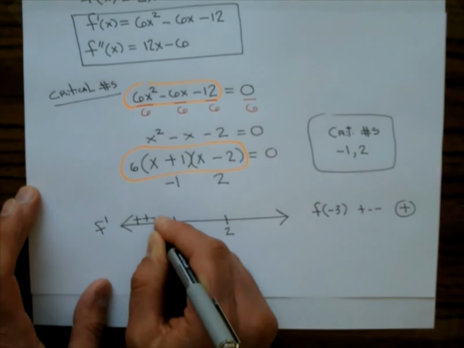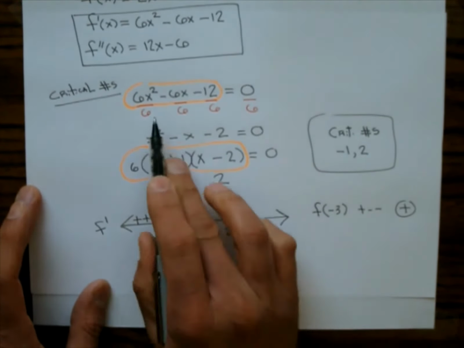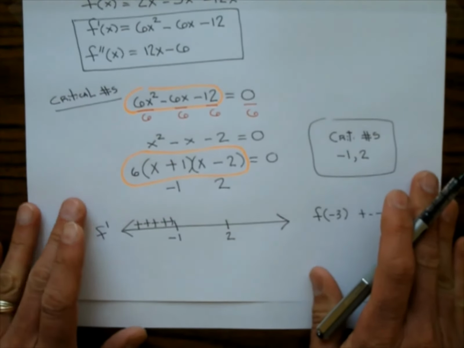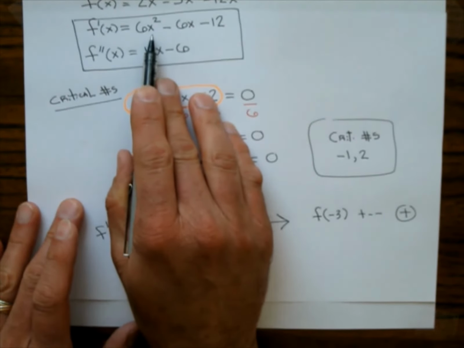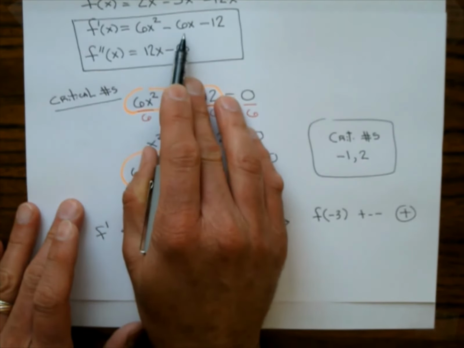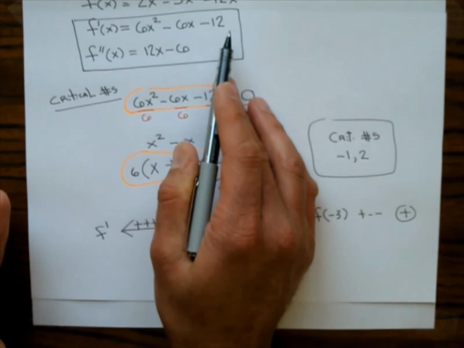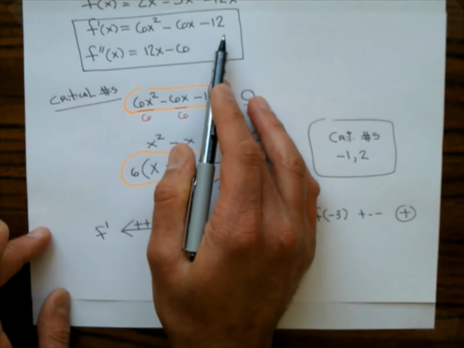Now, for those of you who are not as lazy, you can put the negative 3 right into this derivative here, and you would end up getting 9 times 6, so you'd say 54 plus 18 minus 12, and you'd get some positive number. And it's pathetic, I'm too lazy to even say what that is.